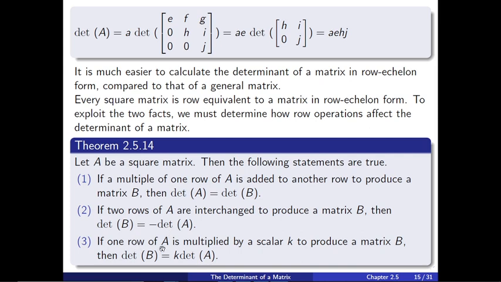And if one row of A is multiplied by a scalar k to produce a matrix B, then the determinant of B is equal to k times the determinant of A. So this is very good information, because now we can perform our elementary row operations and then see how they affected our determinant, and find our determinant.